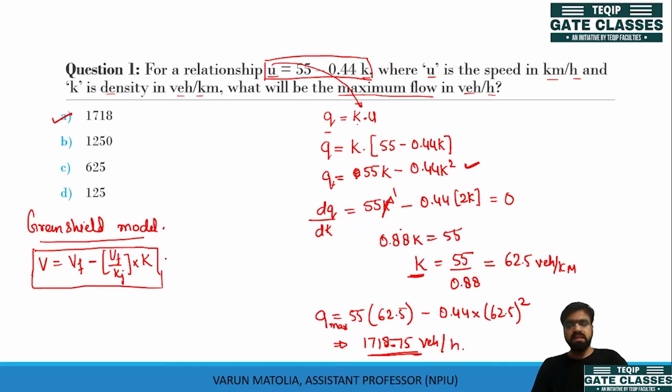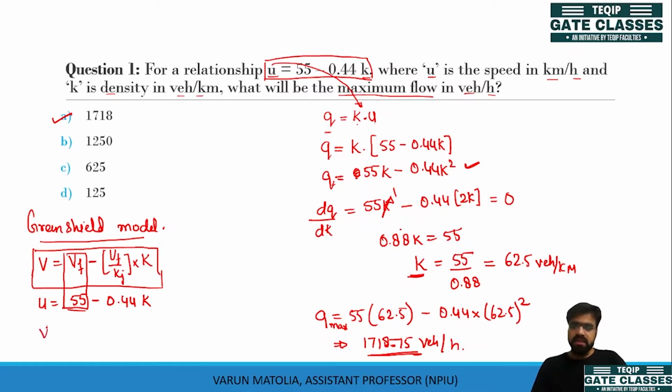So as per the Greenshield model, if we compare this equation with the Greenshield model, I can say that this 55 value is your free flow speed for this particular section.